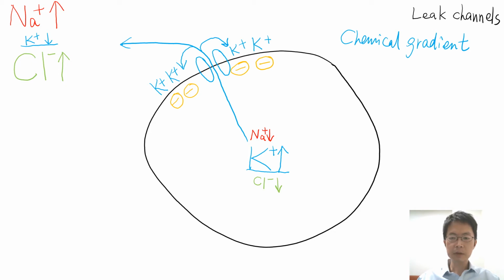When you have a lot of negative charge on the inner surface of the membrane, what will happen? Well, as you know, opposite charges attract, so the potassium ions, because they are very close to the membrane, they would want to go back.